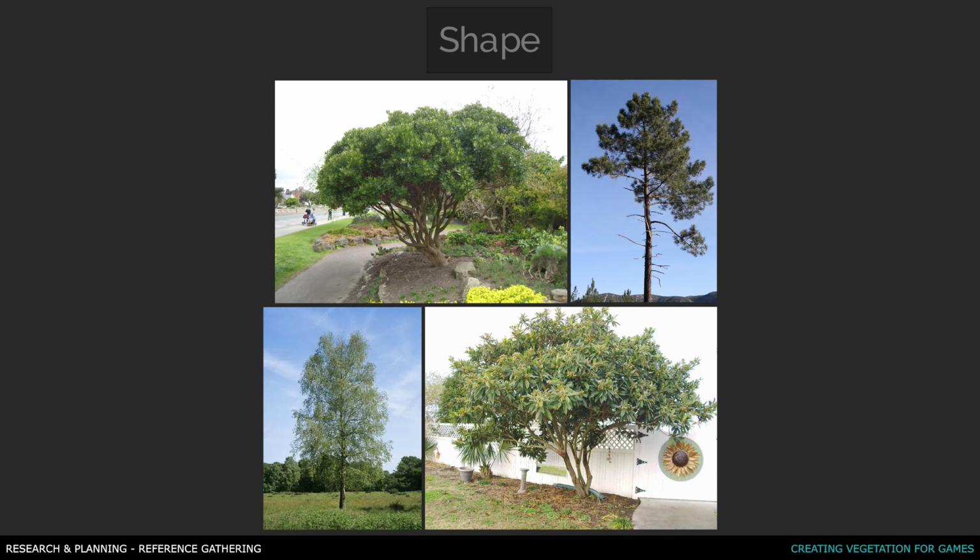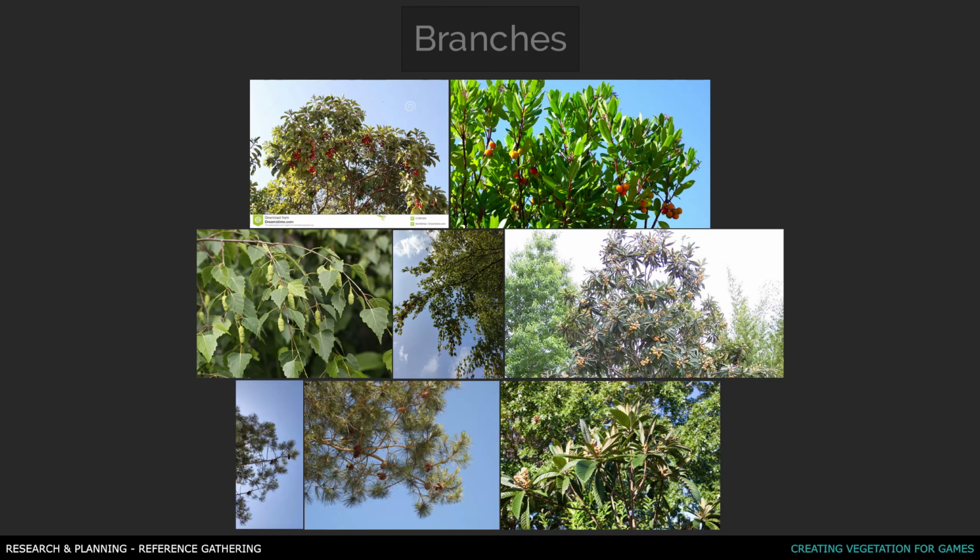Those details are still important, mainly if the player can get close to the tree or if we are talking about a realistic game. So after you get those big shape references, you want to look into the branches. Branches are important and tricky at the same time because this will give you most of the answers of how to build your texture atlas and understand the structure of your tree.